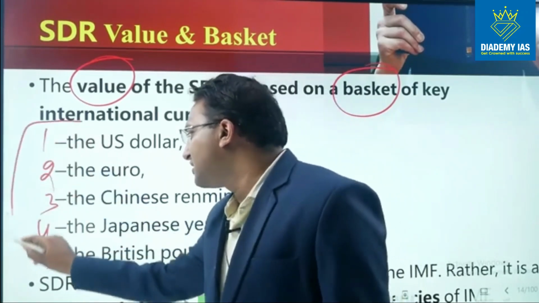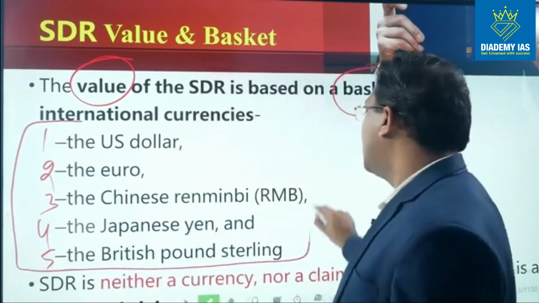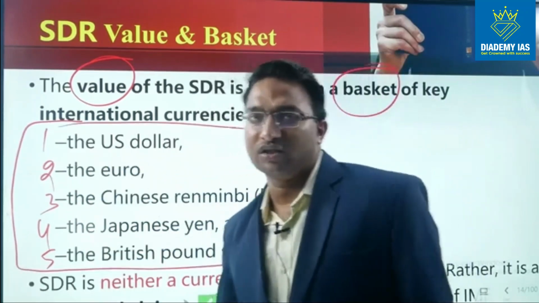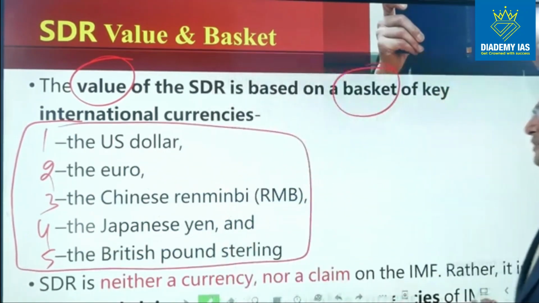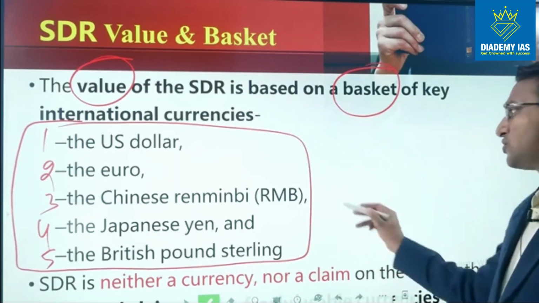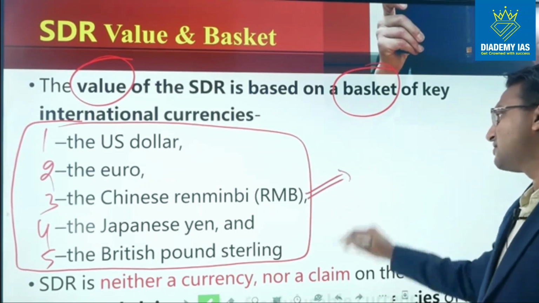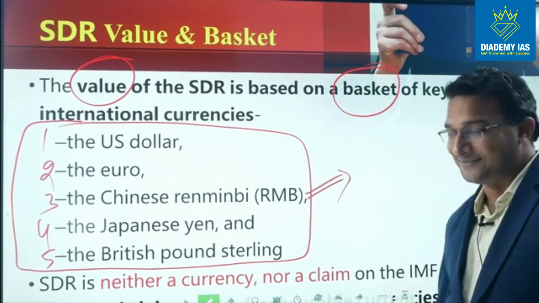Please remember these 5 currencies. They can be asked in the prelims examination. The question was asked in 2016 because in 2016 the renminbi was introduced as part of the SDR system, right?